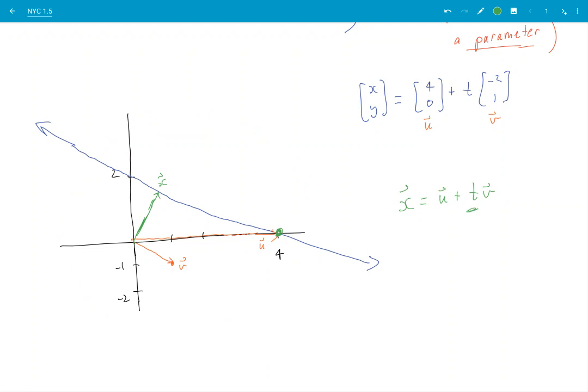And then some multiple of v. You see how v here is parallel to the line. Some multiple of v is going to bring me to this point here, x. And that's true for any vector I want to draw anywhere on the line. If I drew a vector here, or here, for some intelligent choice of t, that vector will be u plus tv.